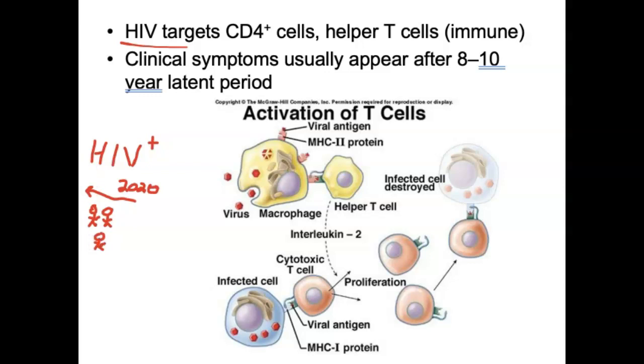You got it from somebody. Somebody in that chain or in that history has that infection. Who did you possibly give it to? So those are all the things we need to do with contact tracing to figure out how to stop the continued spread of this virus. The challenge is it sits latent for 8 to 10 years usually before clinical symptoms show up.